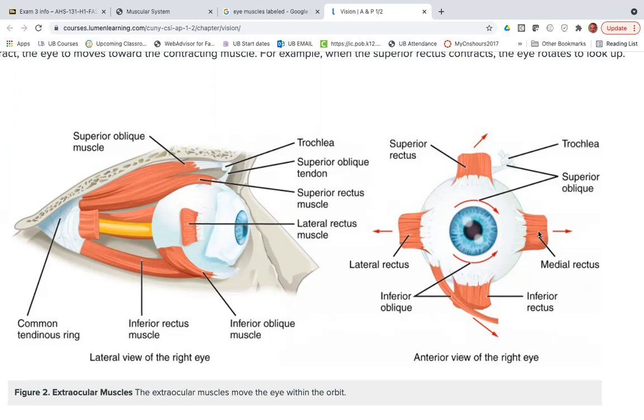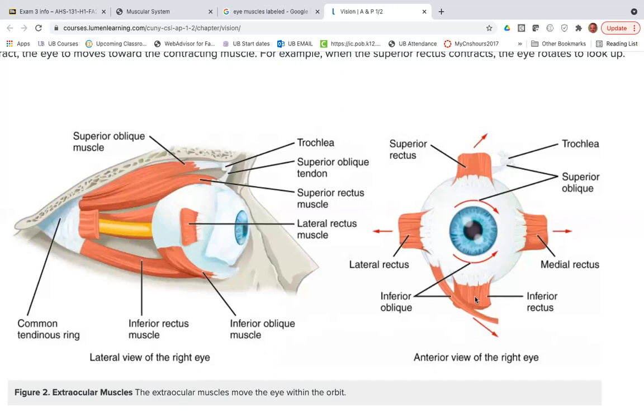So this is the medial rectus. If we go on the outside, moving the eye this way, that's the lateral rectus. On top, superior rectus, and on the bottom, inferior rectus. So those are 4 muscles right there. Again, medial rectus, lateral rectus, superior rectus, inferior rectus.